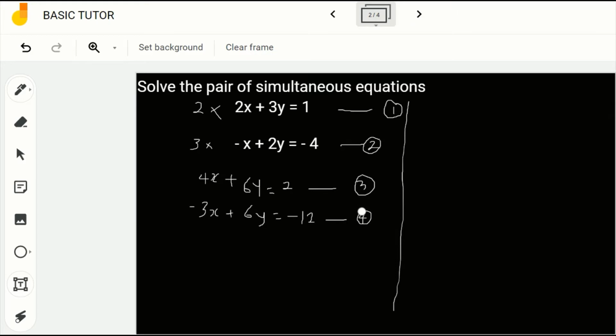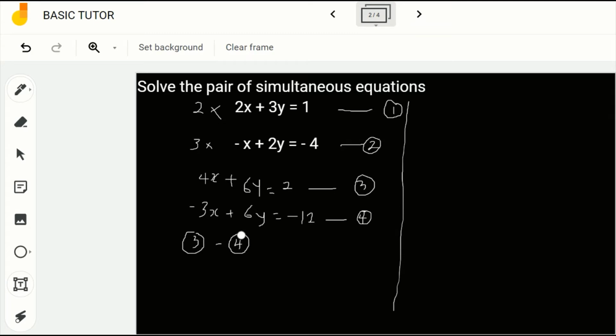So now I can eliminate my y variable so I can get my x. This is called the elimination method. To eliminate my y, I can decide to subtract, so I subtract equation 3 minus equation 4.